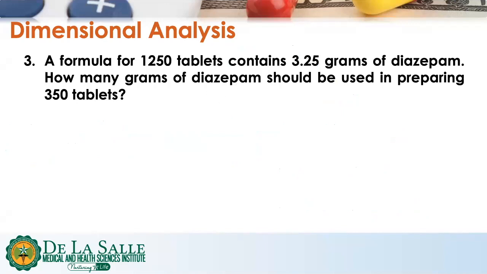We have 1,250 tablets, 3.25 grams of diazepam, and 350 tablets. Remember that 1,250 tablets contain 3.25 grams of diazepam. And what we need to find is the number of grams of diazepam present only in 350 tablets.